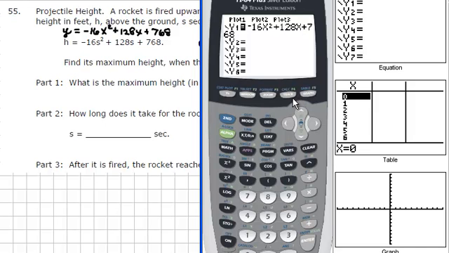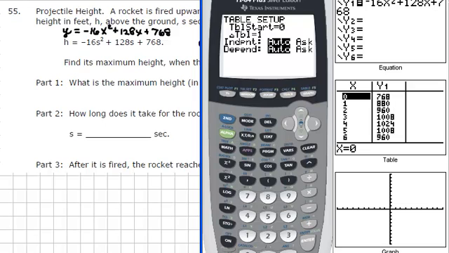Once you've entered the equation into the calculator, you're ready to set up a table. Go to second window, which is table set. For table start, enter 0 for 0 seconds. That will help us determine the initial height of the rocket.